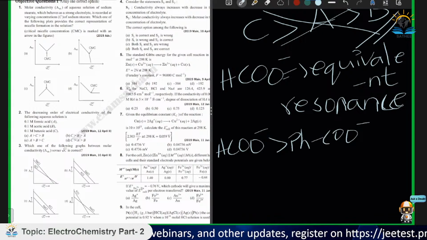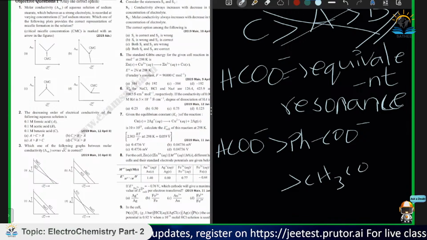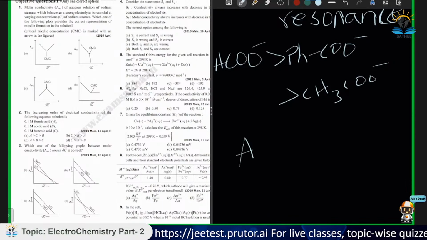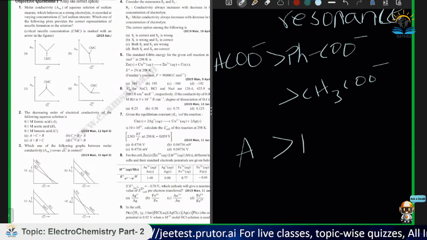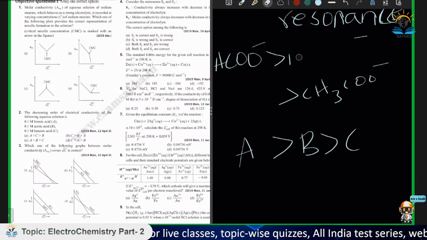Here your resonance structures are not so equivalent because you have cross conjugation. So unfortunately, A is greater than B and C. My bad.